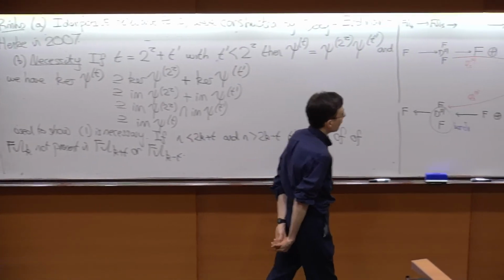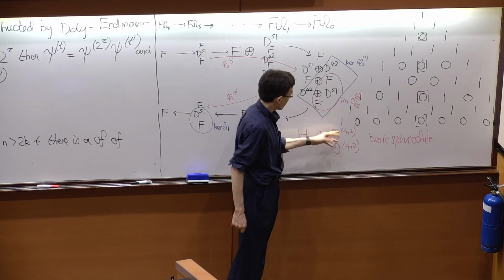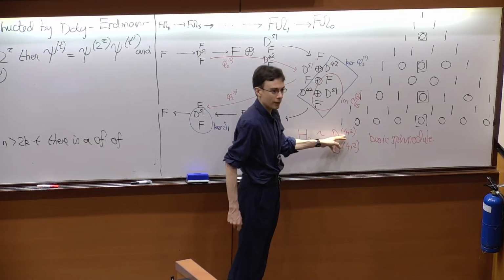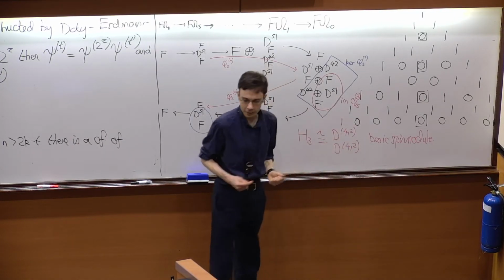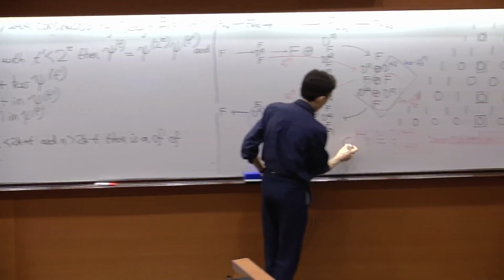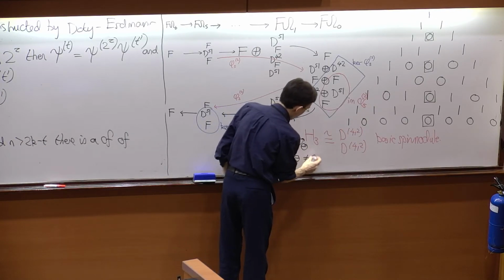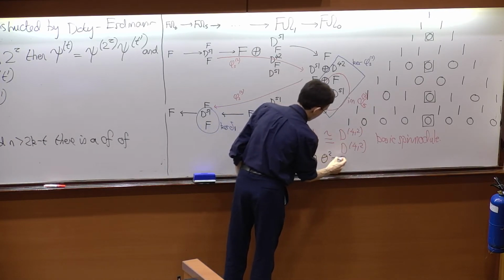Yeah, good question. So the reason H3 is non-split follows from this: as I said, I can give you an explicit generator for this. And using this explicit generator, I can write down an endomorphism theta such that theta is non-zero and theta squared is 0.